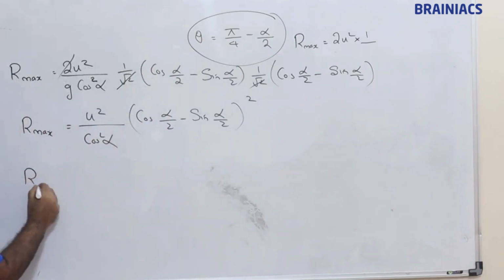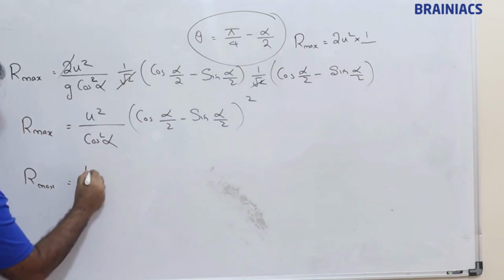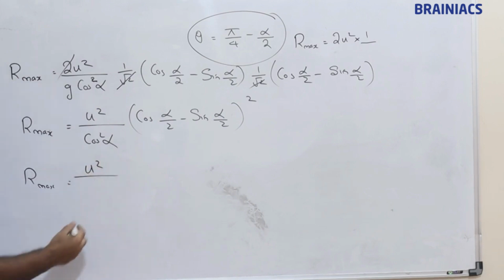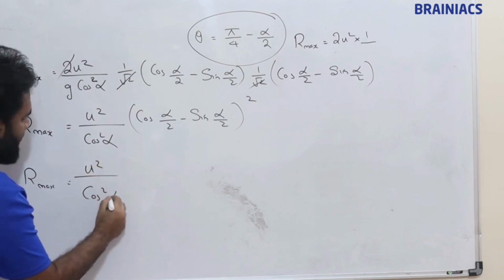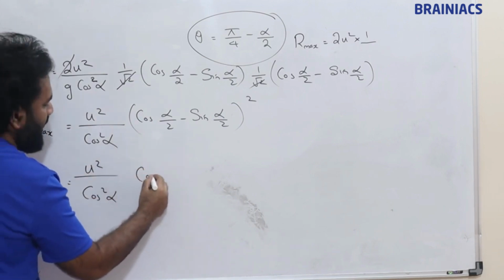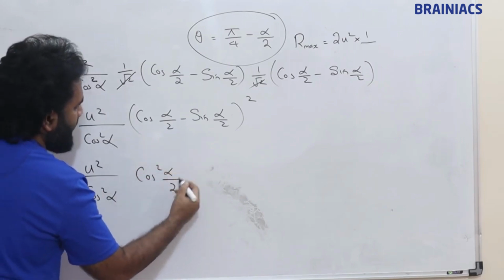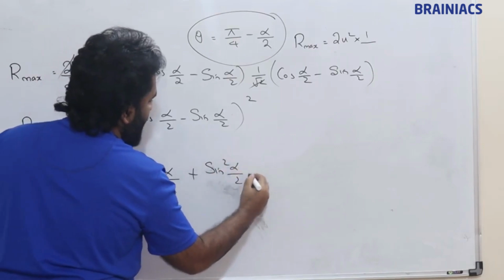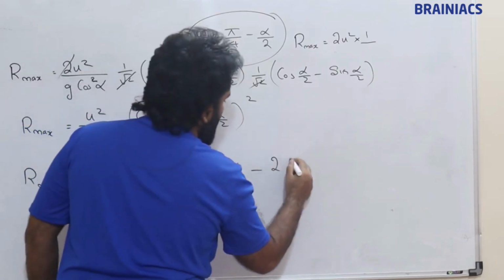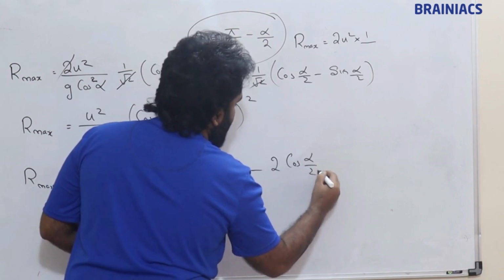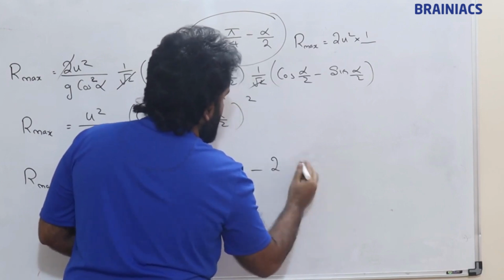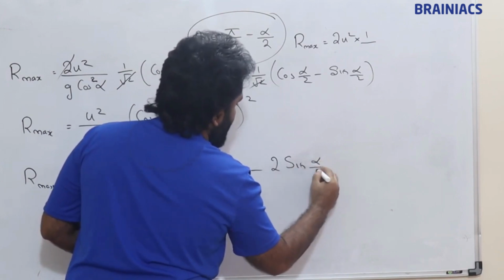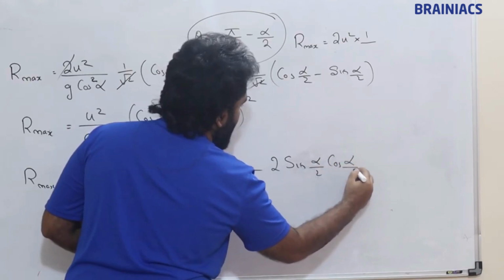When I expand this, R max is equal to u square by cos square alpha into cos square alpha by 2 plus sin square alpha by 2 minus 2 sin alpha by 2 cos alpha by 2.